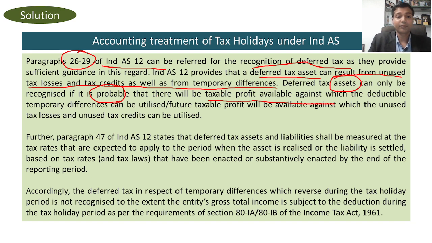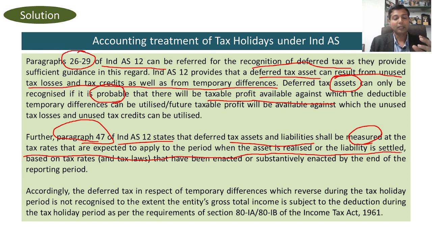Now let us look at paragraph 47 of Ind AS-12. It says that DTA and DTL shall be measured at the tax rates that are expected to apply to the period when the asset is realized or liability settled.